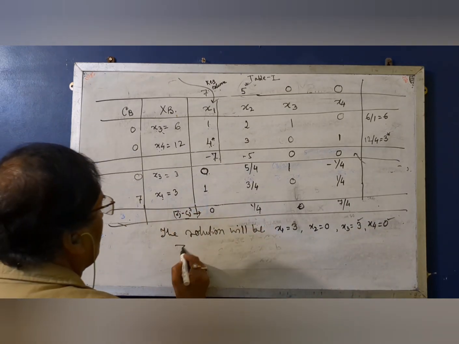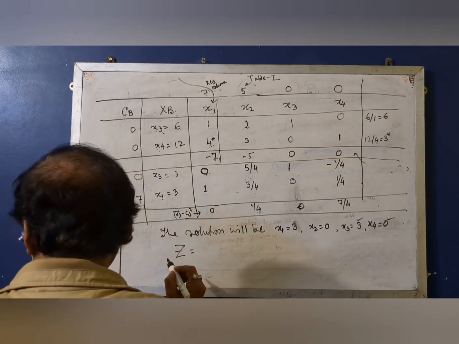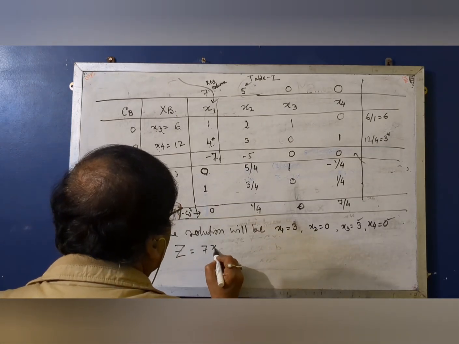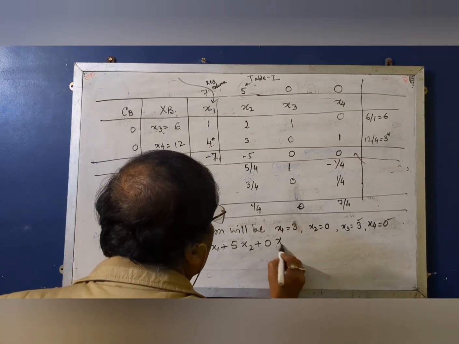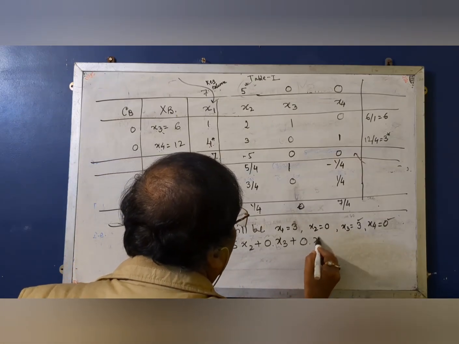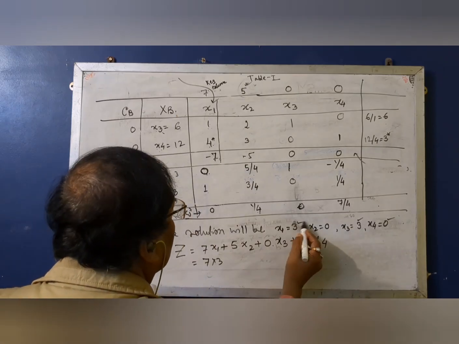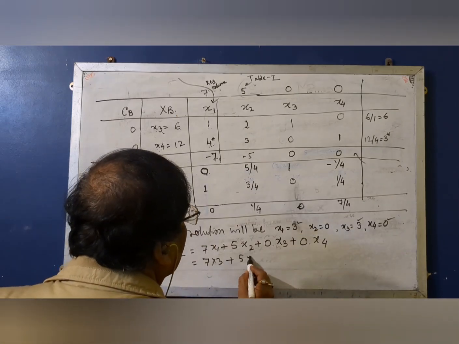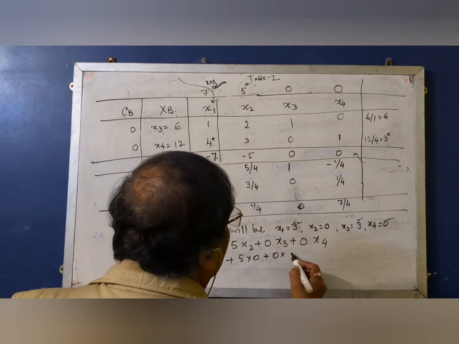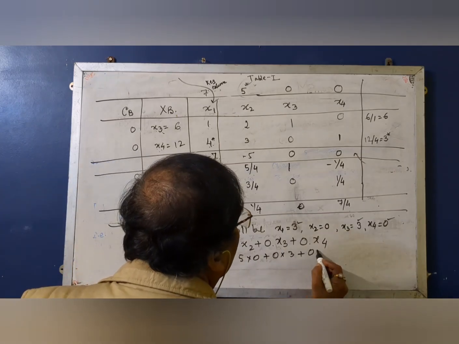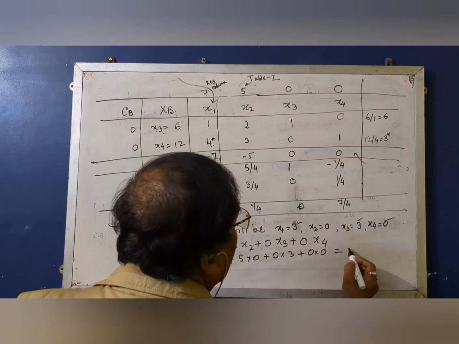And what will be the value of the objective function z? Maximized value z is equal to 7x1 plus 5x2 plus 0 into x3 plus 0 into x4. That's why 7 into 3 plus 5 into 0 plus 0 into x3, whose value is 3, plus 0 into x4 is 0, that is 21.